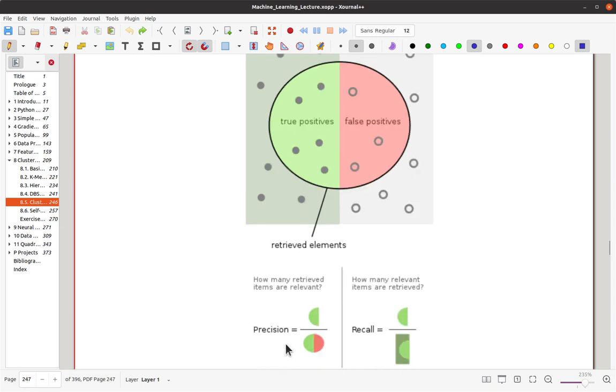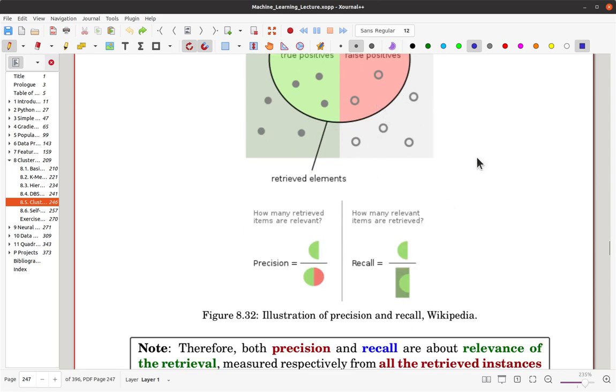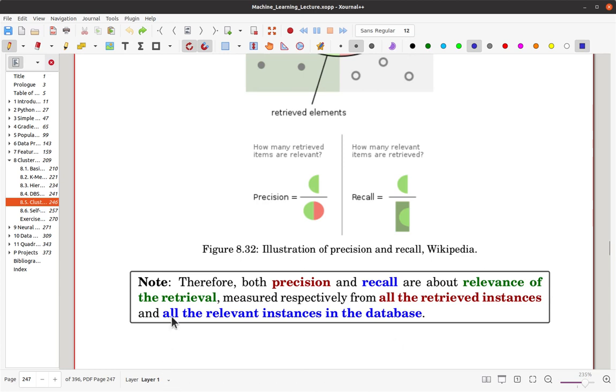So try to look at the picture. And now the question is, how many relevant items are retrieved? That means that from all relevant elements, we try to measure the portion retrieved. So that is called recall. It's a really good illustration in Wikipedia. So I put it here.